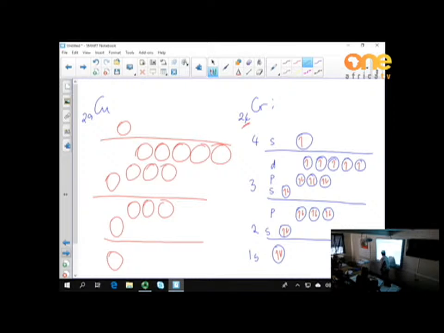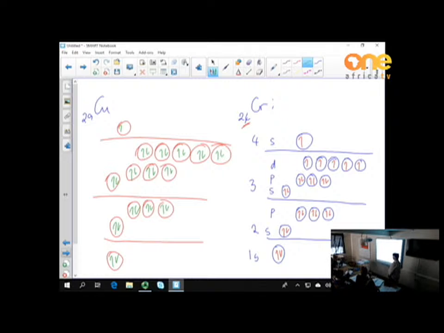Now the first ones that go in go 1, 2, 3, 4, 5, 6, 7, 8, 9, 10, 11, 12, 13, 14, 15, 16, 17, 18. Okay, we've got 18. It goes 19, 20, 21, 22, 23, 24, 25, 26, 27, 28, 29.